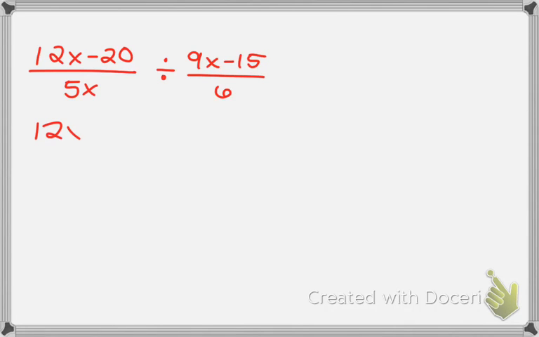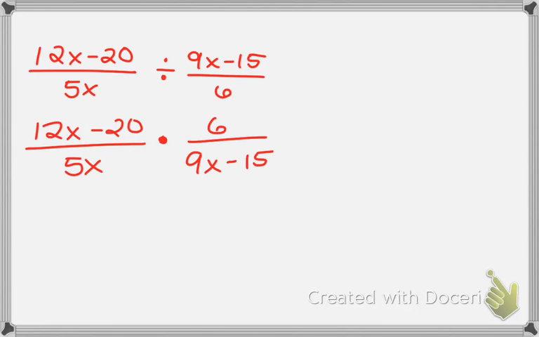So before I would even proceed with anything, I would rewrite it as 12x minus 20 over 5x times 6 over 9x minus 15.